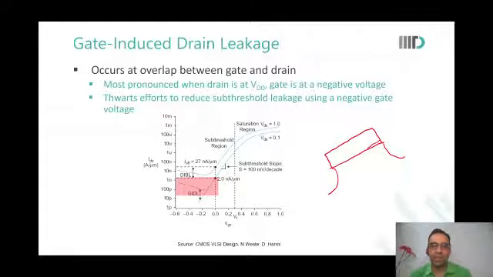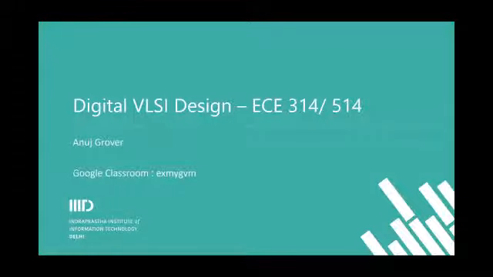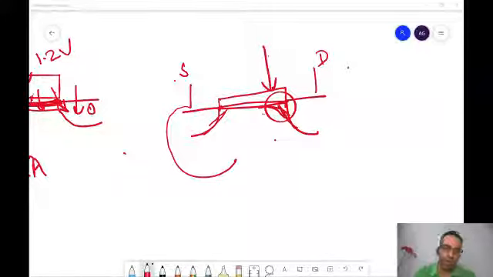So we have looked at different kinds of leakages till now. If I say that I want to reduce overall leakage in the system, what all levers do you think we have?